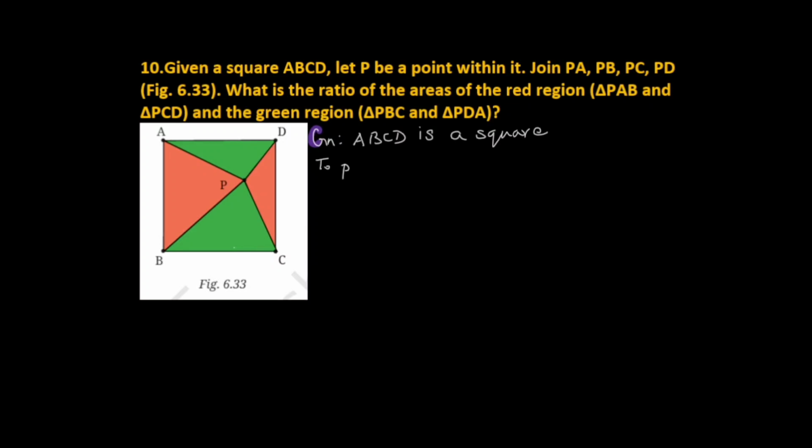We need to find the ratio of the area of the red region, that is, area of triangle PAB plus area of triangle PCD, to the area of the green region, triangle PBC plus area of triangle PDA.